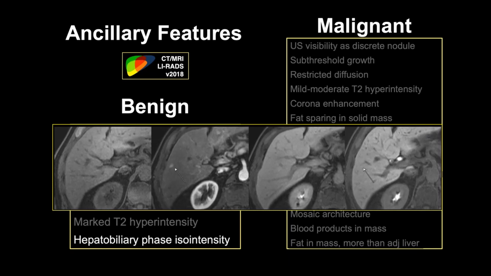The reason that this is considered a benign imaging feature is that most HCCs have reduced or non-existent expression of the organic anion transport protein and are typically hypointense during hepatobiliary phase. Isointensity suggests hepatocytes with functional OATP seen in regenerative nodules, low-grade dysplastic nodules, or arterial portal venous shunts, as you can see in this imaging example.